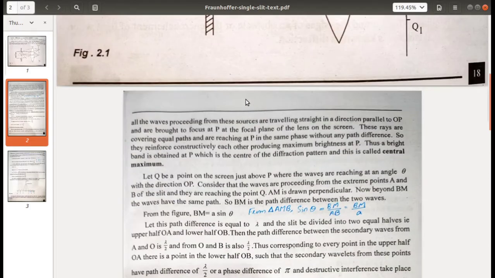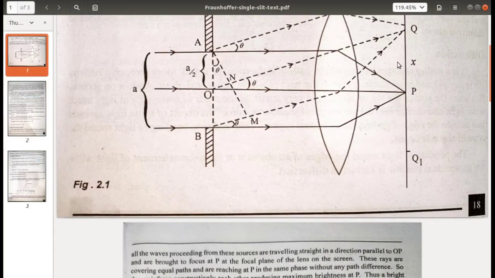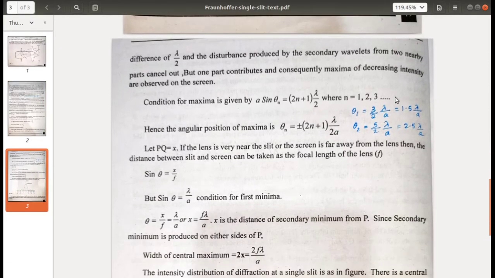PQ is equal to x, that is this distance from the central bright point to the first order minima. This is taken as x. If the lens is very near the slit, or the screen is far away from this lens, then the distance between slit and the screen can be taken as the focal length of the lens.